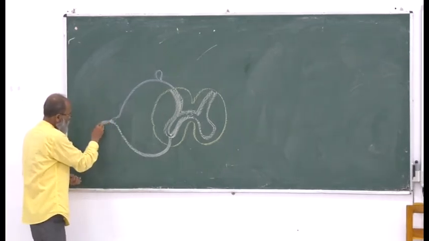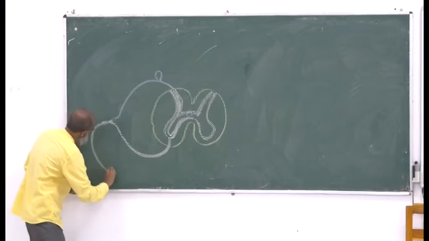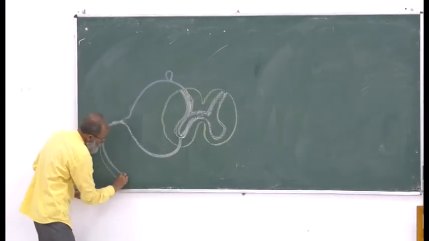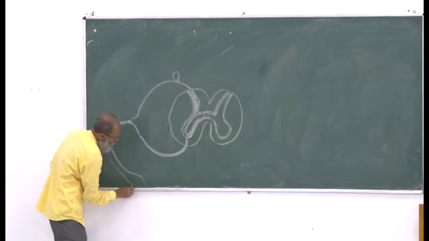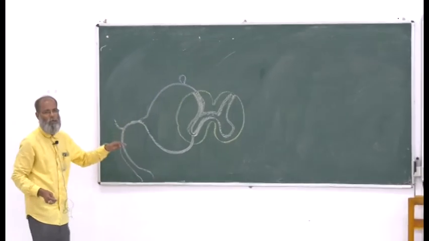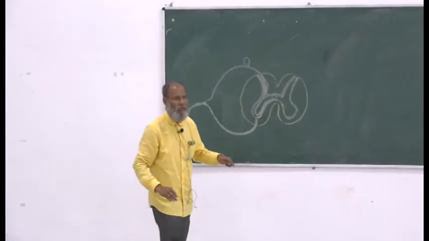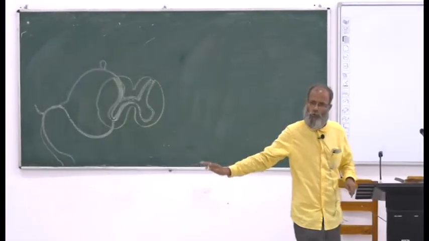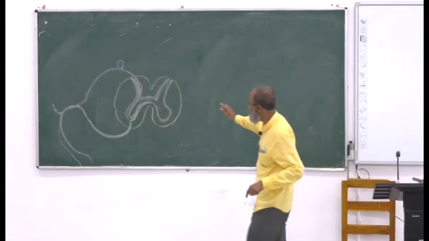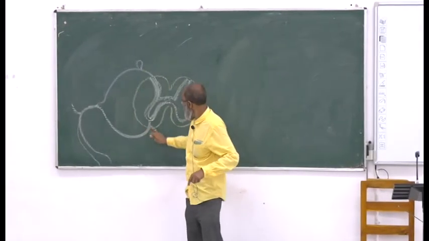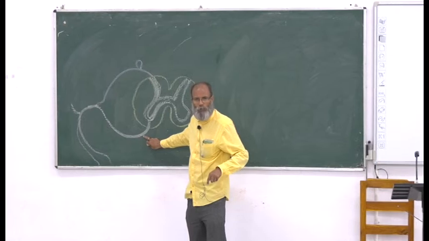And from this trunk, this is the ventral ramus, this is the dorsal ramus, this is the collateral branch. This part you know. This is the general scheme of showing the spinal cord. Every part, this is the sensory root, with the dorsal ganglion, and here this ventral or the motor root.